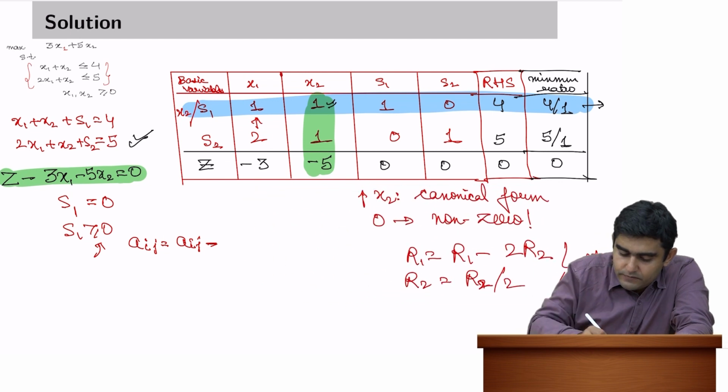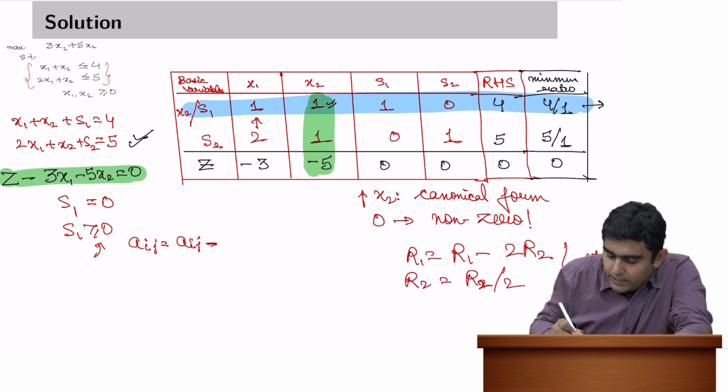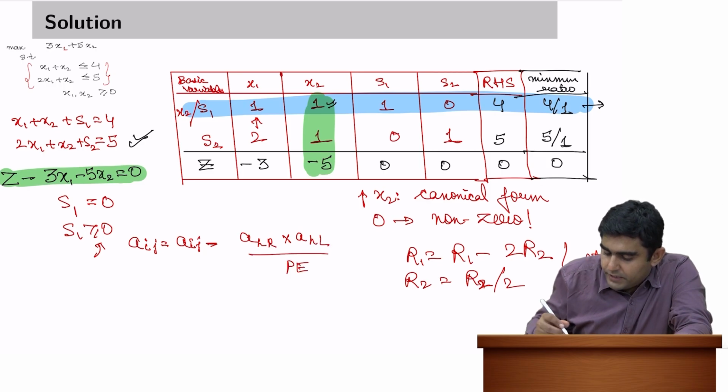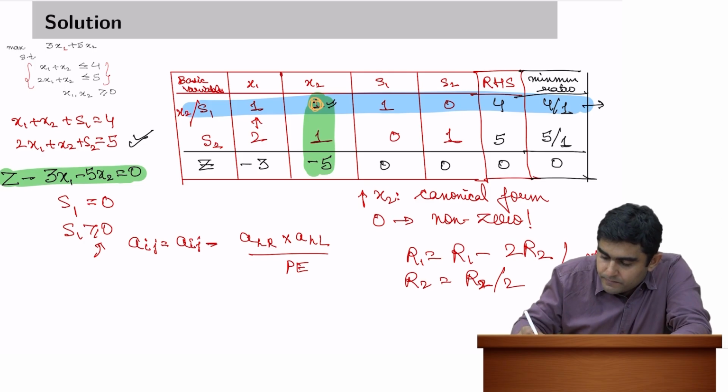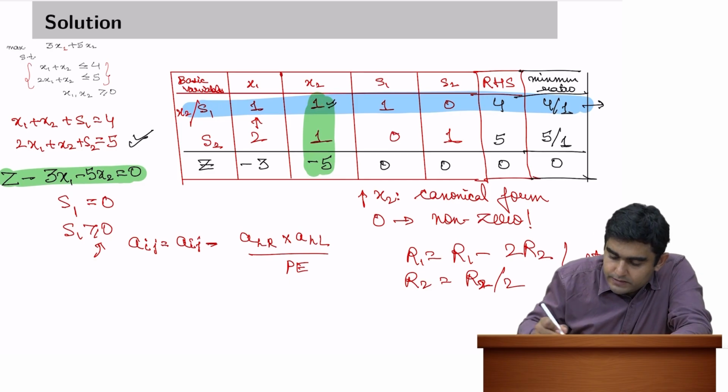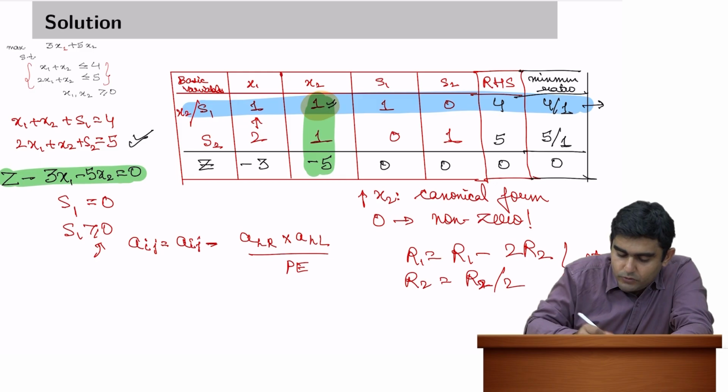So in this case, we see this particular value as A highlighted row multiplied by A highlighted column divided by the pivot element. And we would define the pivot element as the element lying at the intersection of this highlighted row and highlighted column.